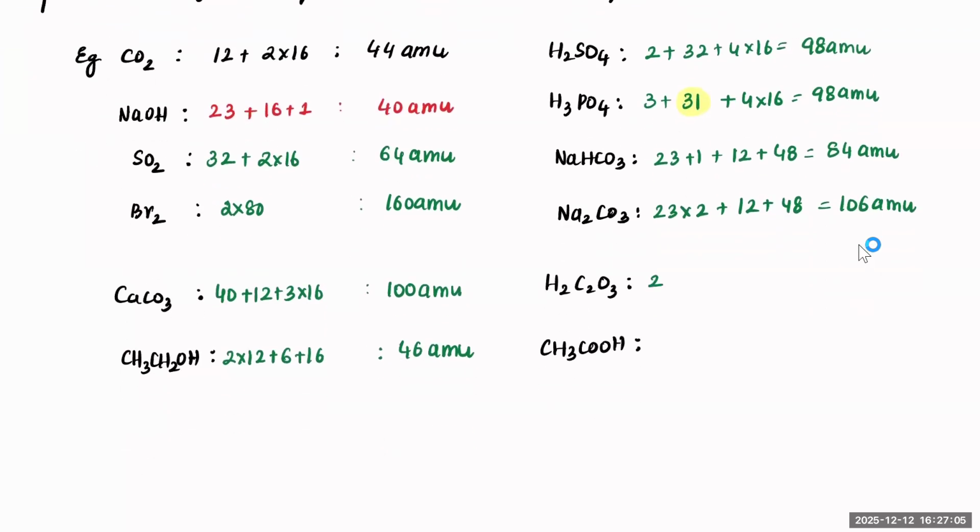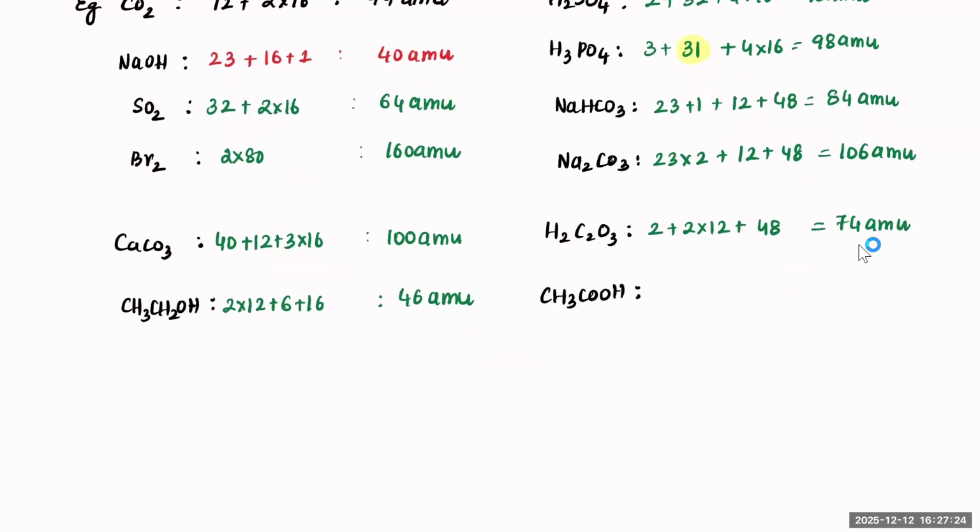While H2CO3, this is 2 plus 2 times 12 plus 48. So that is 50 plus 24. So how much is it? 74 AMU.